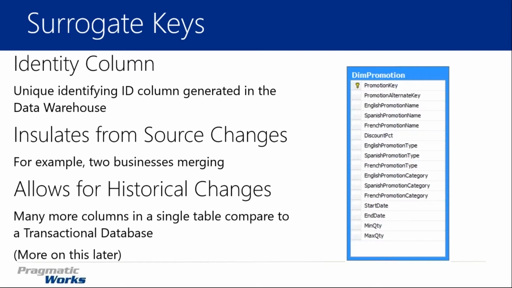That's customer number 4. So every time I buy something, I just have the number 4. It's clean, it's concise, it definitely shrinks down the fact table from a space usage standpoint, and it insulates it from the source changes, which is critical. If something happens to me, like a name change, the surrogate key is what gets put into the fact table.